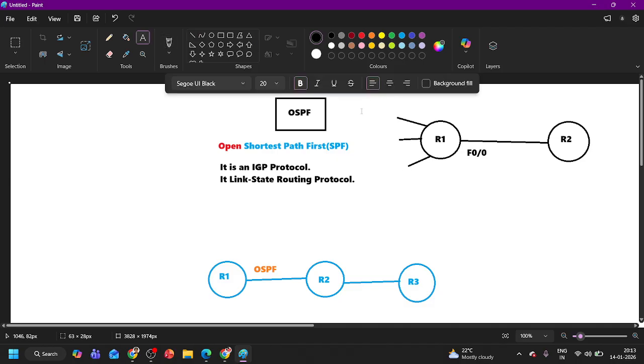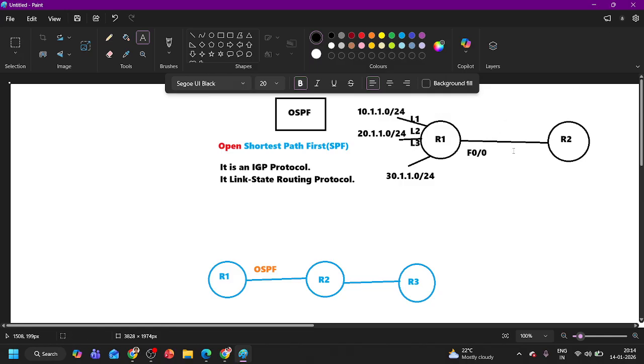Here my network subnet is 10.1.1.0/24, here my subnet is 20.1.1.0/24, and here my subnet is 30.1.1.0/24. These three are the LANs on router number 1, let's suppose connected on the loopback 1, loopback 2, and loopback 3 interfaces.